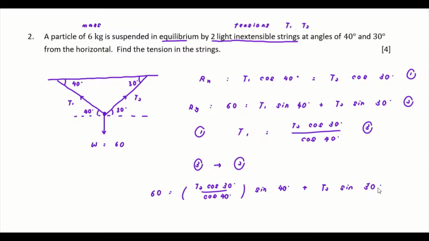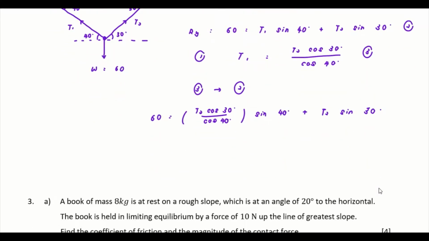Okay, so you can straight away multiply the whole thing with cos 40, then I guess that's easier when we want to solve it. Or you straight away arrange it if you are able to do that. Okay, I think for this one we can. T2, you just factorize everything, right? Bring everything, then move here, then become denominator. So 60 over, so we have cos 30 sine 40 over cos 40.